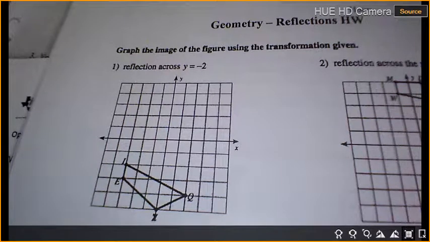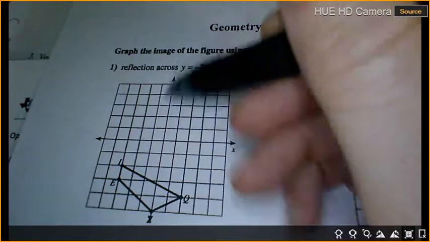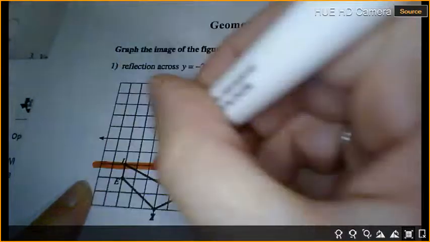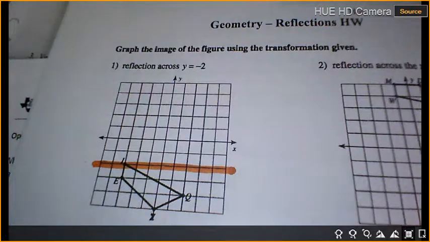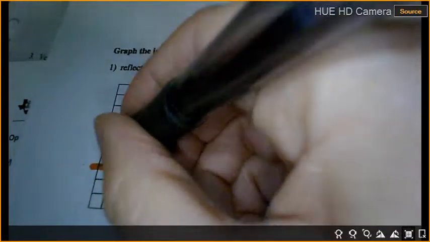We're going to reflect across y equals -2. So we're going to go to the y-axis. We're going to go where it says -2. And I'm just going to highlight this in a nice bright color so you guys can see it in the back. That's y equals -2. When we reflect something, all my points have to be the same distance from here. So I doesn't move.